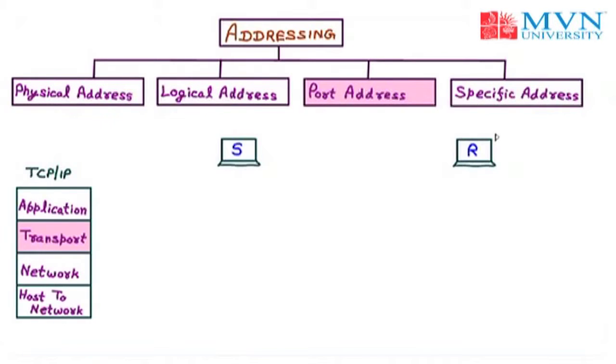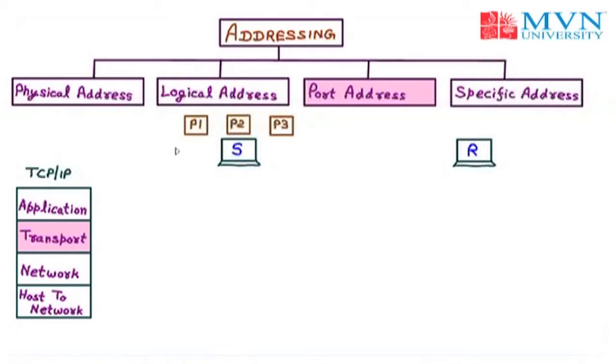They both have different protocols or different processes with them. For example, S has three processes. These are the three processes used by the sender, and we name them P1 as process 1, P2 as process 2, and P3 as process 3.